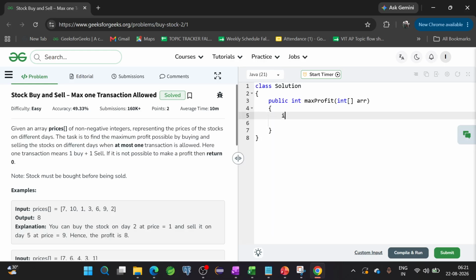First I will create the DP array. The first one is k equal to 1. So k equal to 1 is allowed, so k plus 1, 2, 0, 1, and here I will put the array. First row all are zeros.